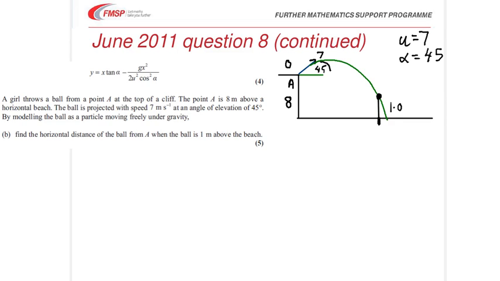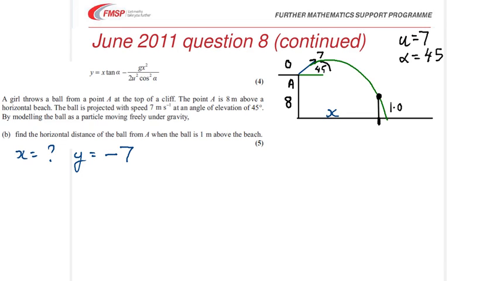So read the question. A is 8 meters above a horizontal beach. What you have to do is find the horizontal distance of the ball when it's 1 meter above the beach here. So that means that it's 7 meters below O. So x is unknown, we'll call it x, and y is minus 7, and u is 7 and alpha is 45 for this bit.